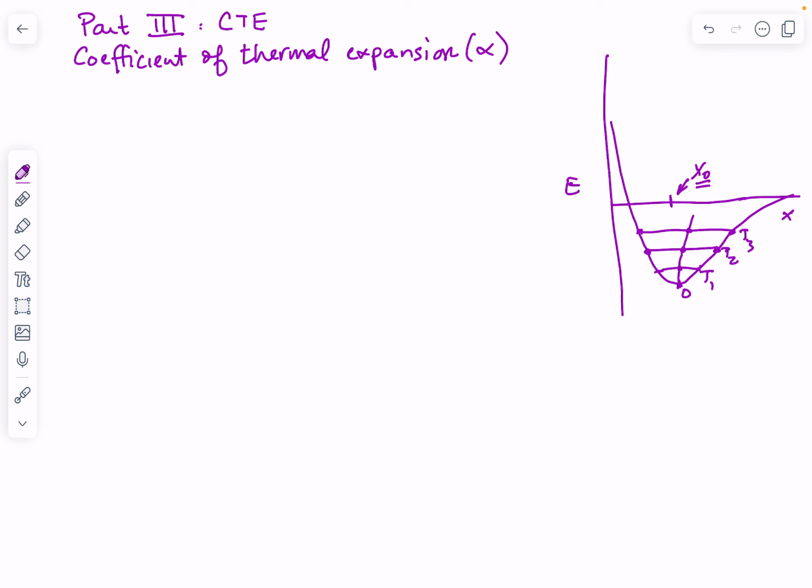If we drop that down, we see that as temperature increases, the average spacing between atoms is moving to the right. In other words, the spacing between atoms is increasing.